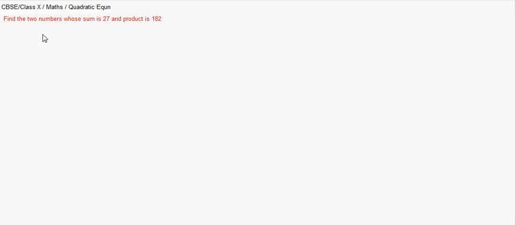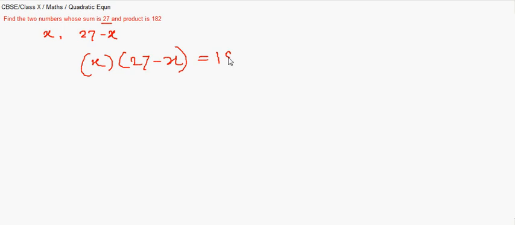There are two numbers whose sum is 27. If one number is x, then the other one has to be 27 minus x, assuming x to be one of the numbers. And it says the product of these two numbers, that is x and the other one being 27 minus x, gives us 182.